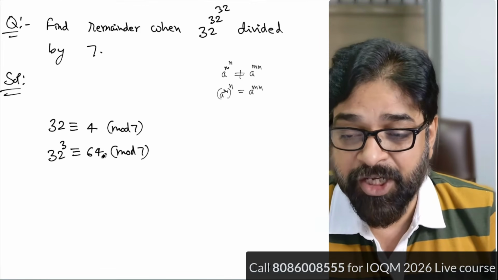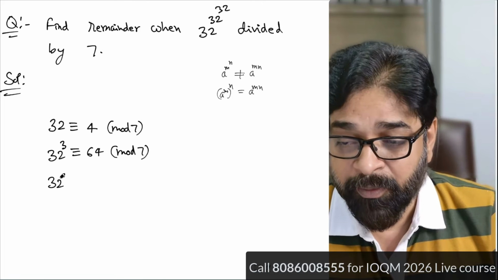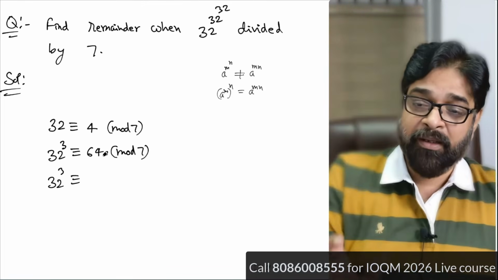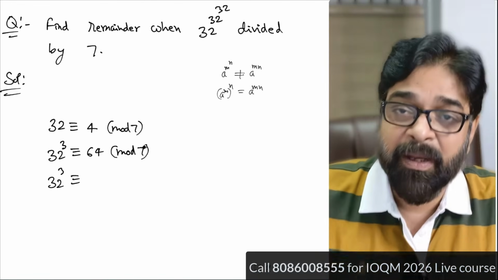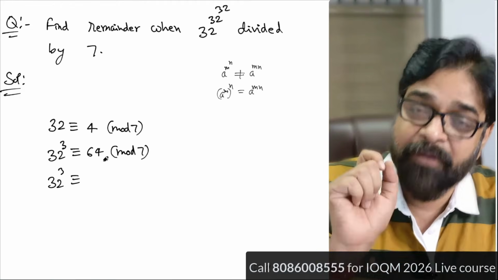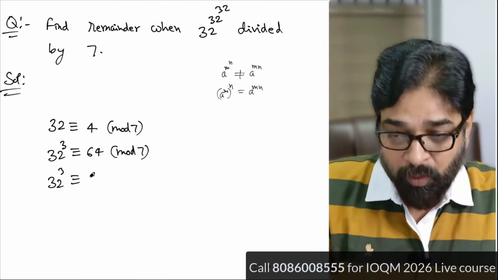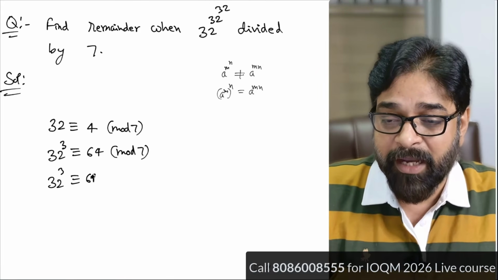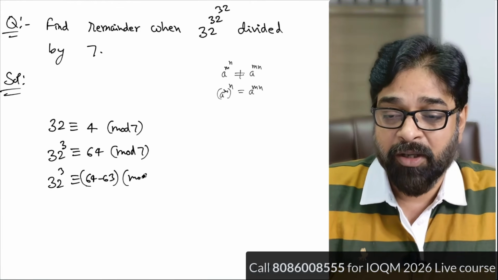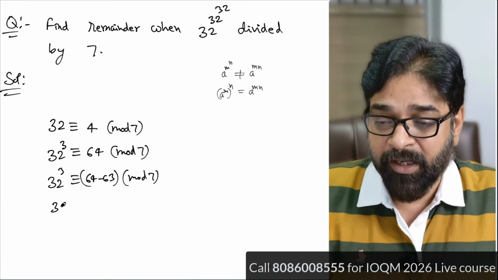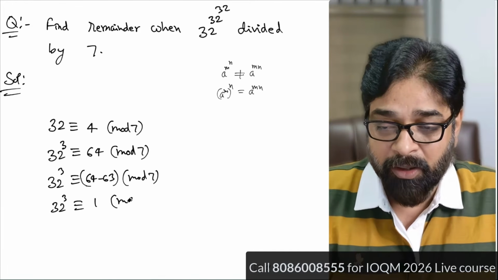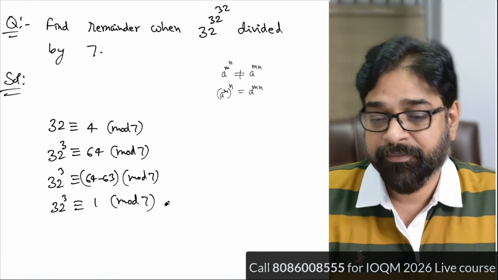This I can change, because as I told you, at any moment you can replace this number by adding or subtracting a multiple of 7. My focus is to get 1. So I can write 64 minus 63. 63 is a multiple of 7. So mod 7, we get 32 raised to power 3 congruent to 1 modulo 7. Question done.